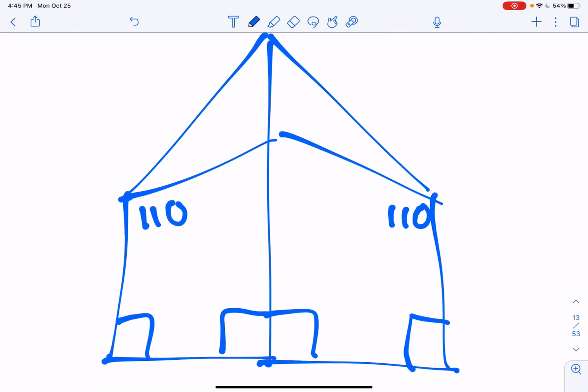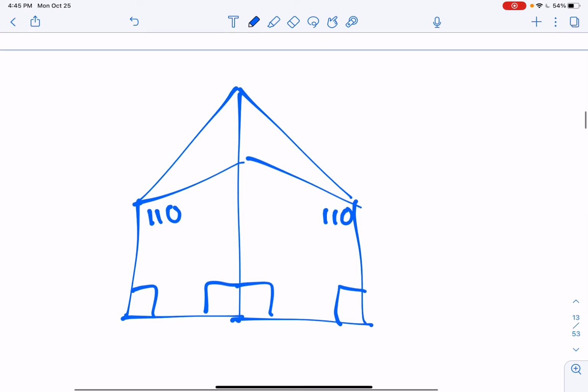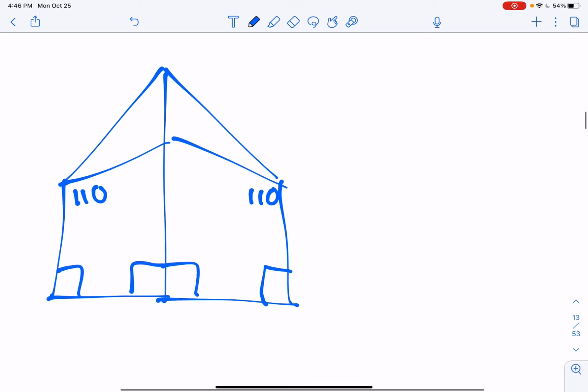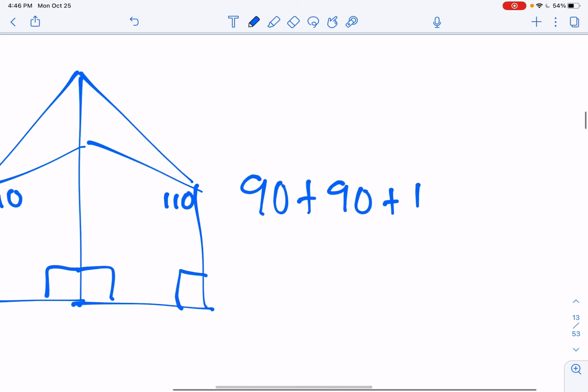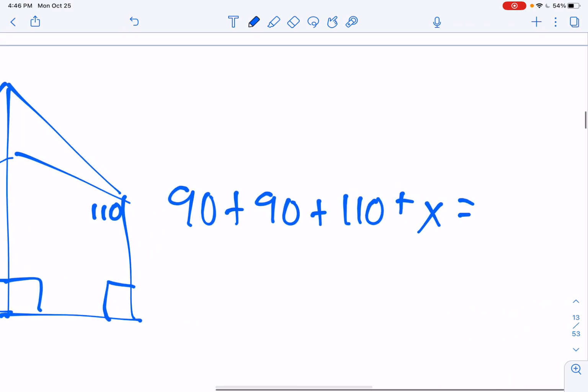And I'll just tell you right now that all the angles in a 4-sided figure have to add up to 360. Just like in a triangle, all the angles have to add up to 180. All the angles in a 4-sided figure have to add up to 360. So in this case, 90 plus 90 plus 110 plus x has to equal 360.